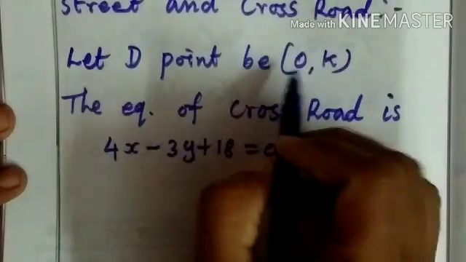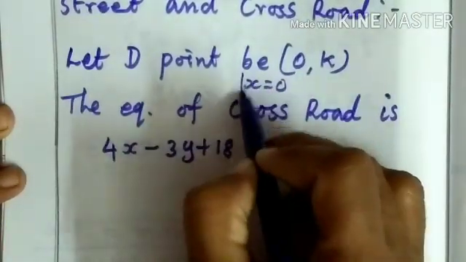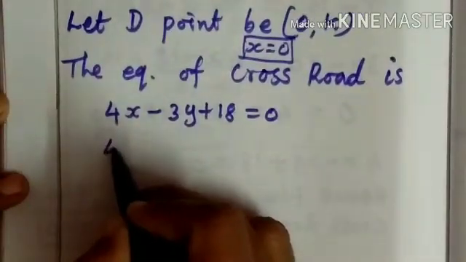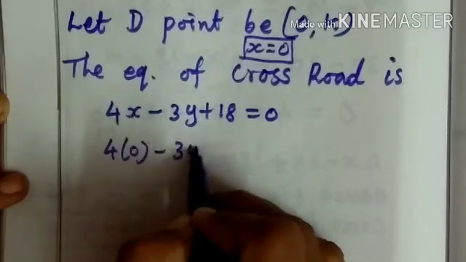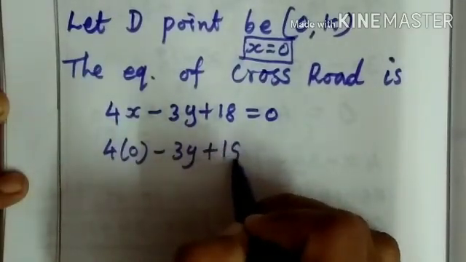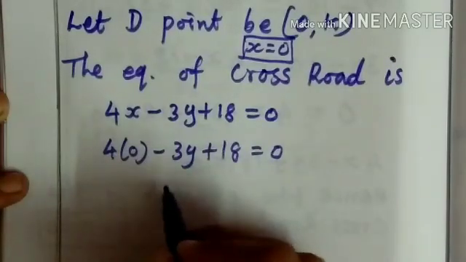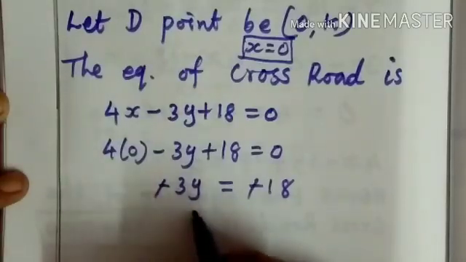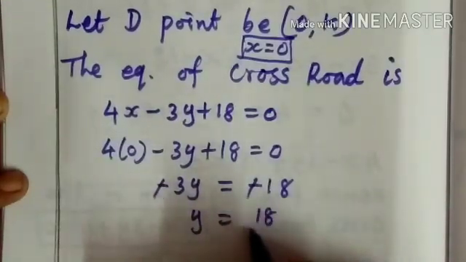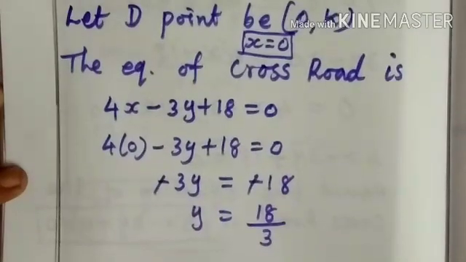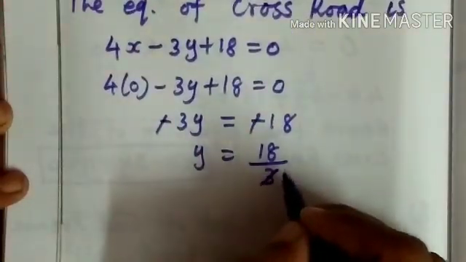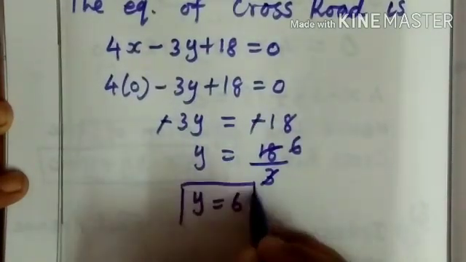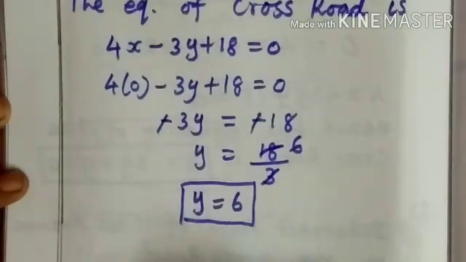In this D point, we know x is equal to 0. You have to apply this x coordinate on this equation means we get 4 into 0 minus 3y plus 18 is equal to 0. Therefore, minus 3y is equal to minus 18, minus minus cancel. Therefore, y is equal to 18 by 3. Cancelling this by 3 table means 3 6s are 18. Therefore, y is equal to 6. That is y coordinate 6.